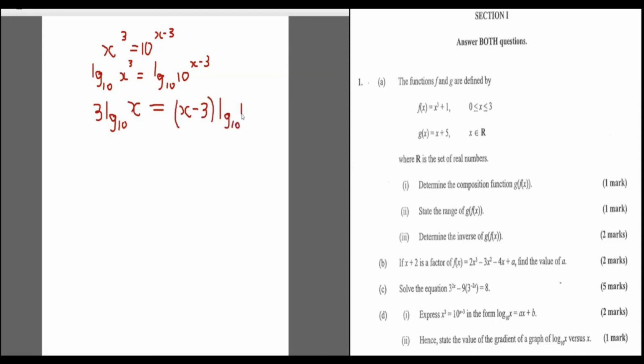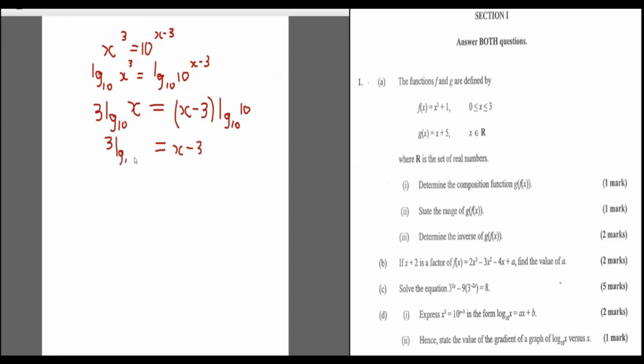But now look at this, guys. Log to base 10 of 10 is just equal to 1. Nice. And so 3 log to base 10 of x is just x minus 3 times 1, which is just x minus 3.